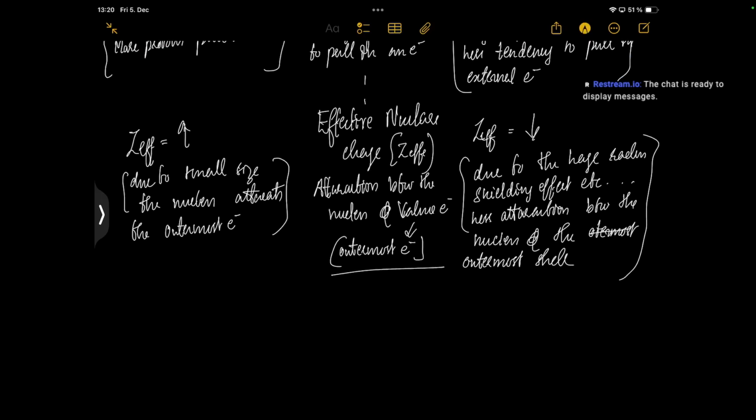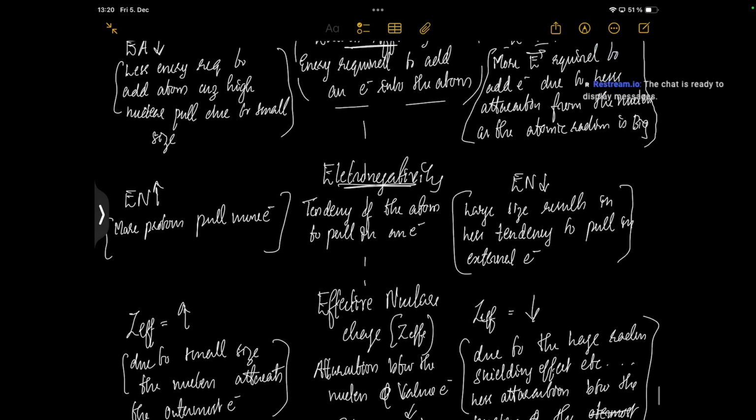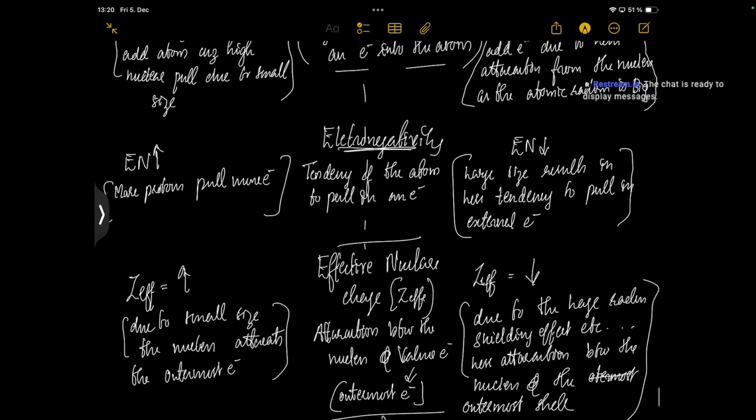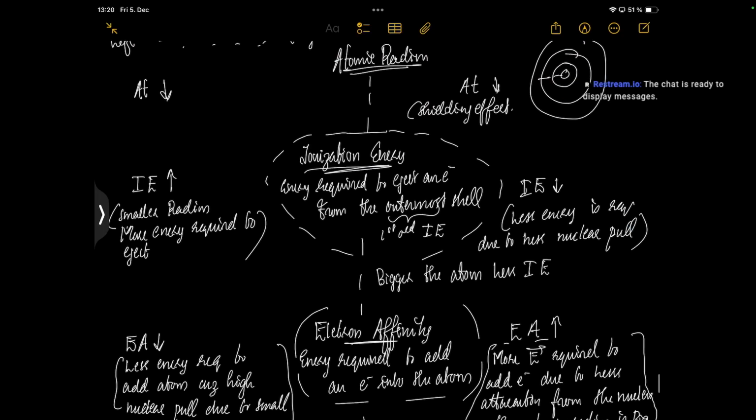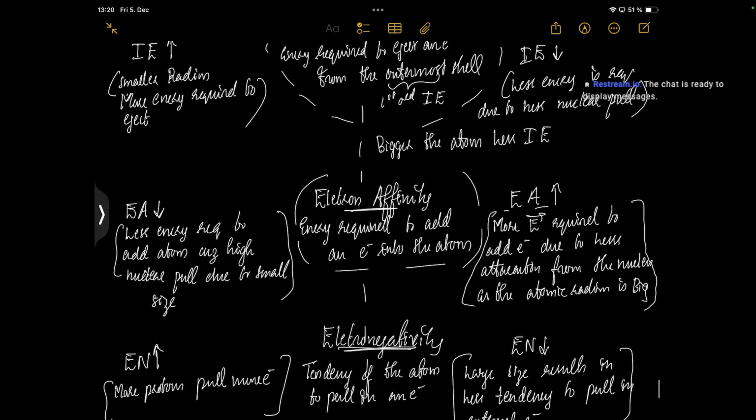Now, these are just common trends. There are still a lot of exceptions for these, especially when it comes to electron affinity and F block. A lot of exceptions with F block.